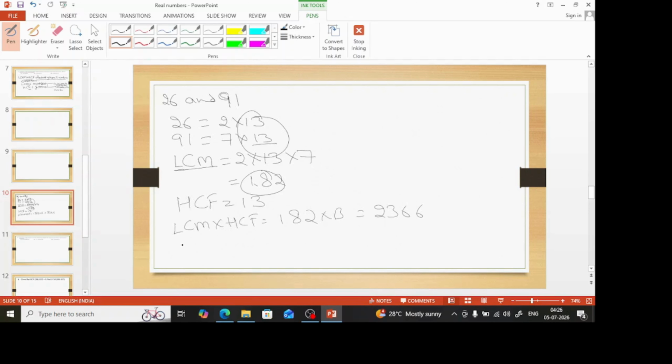And the product of these two numbers, 26 and 91, again gives 2366. So this is verified. Let's do another example for better understanding.